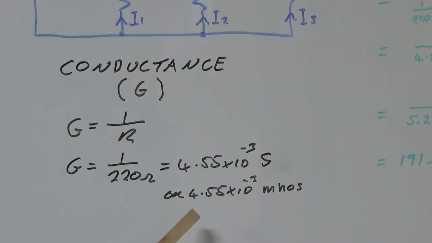The older measurement was in mhos, which is just ohms backwards. The current unit is Siemens, but when you put the letter S down there in certain situations, it could be seconds. So it gets very confusing as to whether it's Siemens you're talking about or seconds in certain applications. So you'll quite often see either S being used, or in some applications you may see the older system, mhos.